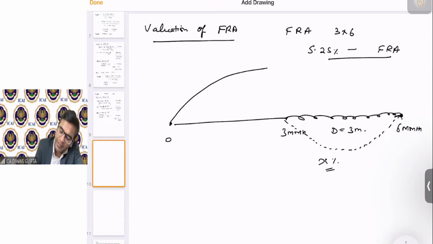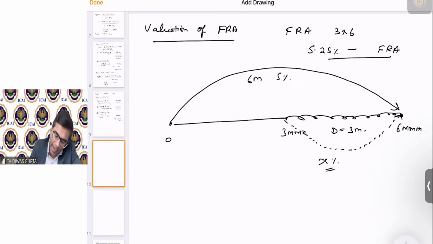If we have the interest rate for the next 6 months, let's say it is 5%, and the interest rate for the 3 months, let's say it is 4%, then can we find out this third month to 6 month interest rate? Yes, we can.